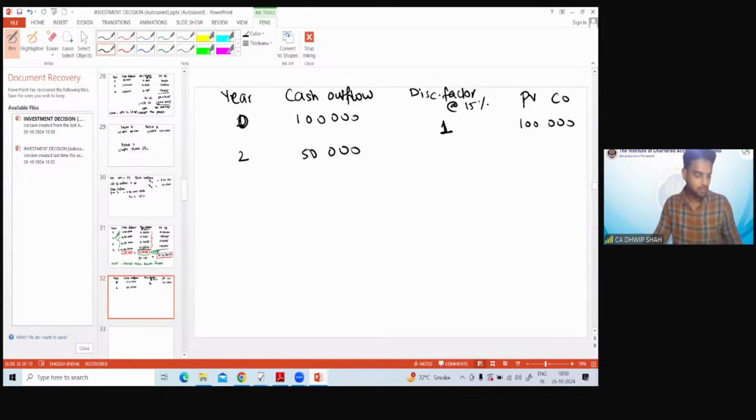Friends, you need to take the discounting factor for year 2, not for year 1. Don't make a mistake over here. So 1 divided by 1.15 two times equals 0.7561.